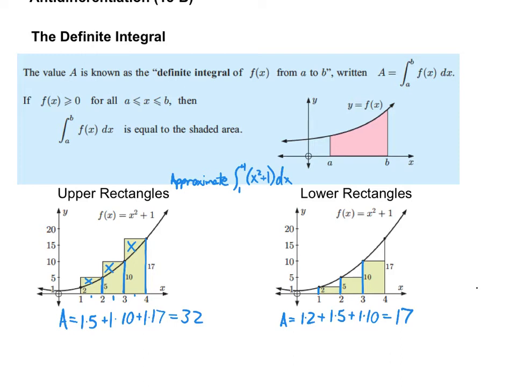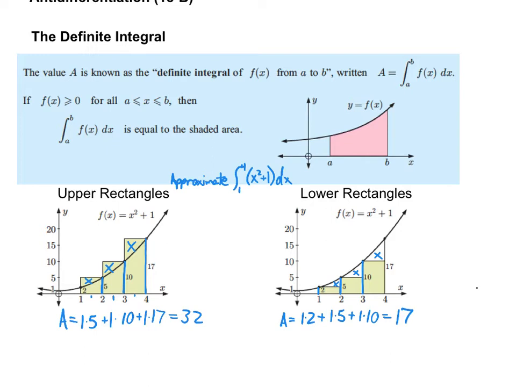Now, again, since we're using lower rectangles, we're missing something. Okay? So it's like Goldilocks. One's too much, one's too little. How do we get it just right? Any thoughts?